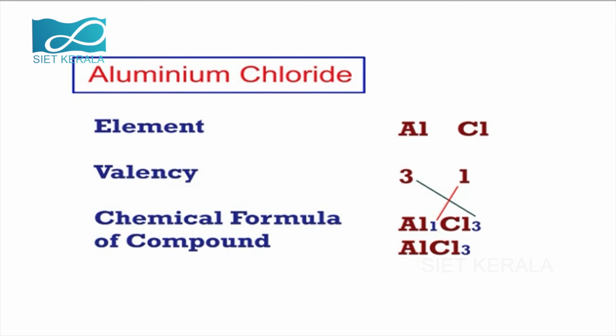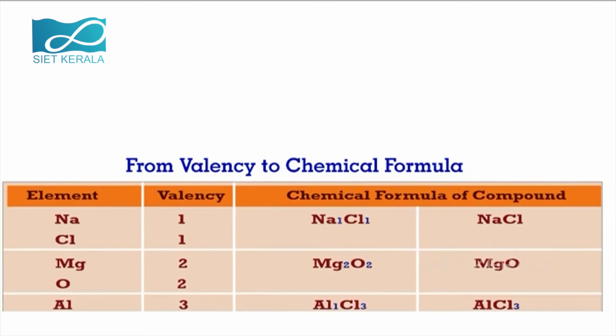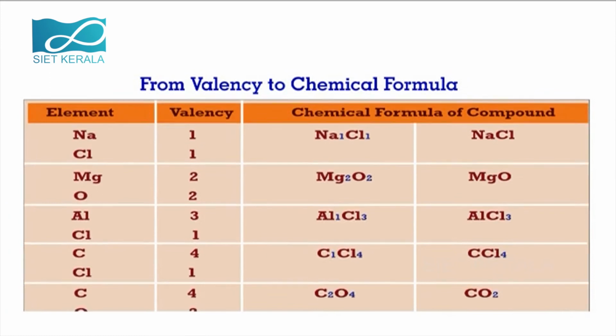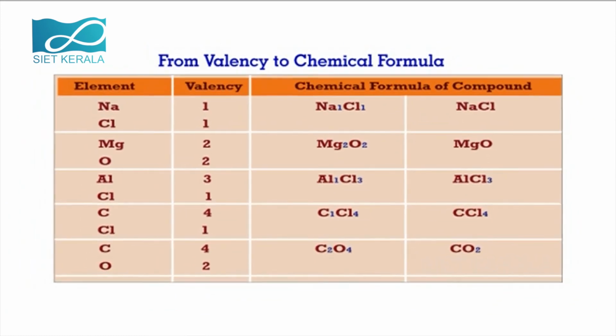The suffix 1 need not be written. So, the chemical formula of aluminum chloride is AlCl3. Now, watch some more chemical formulas for compounds such as magnesium oxide, carbon tetrachloride and carbon dioxide.